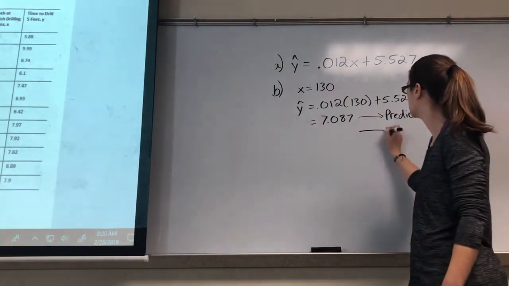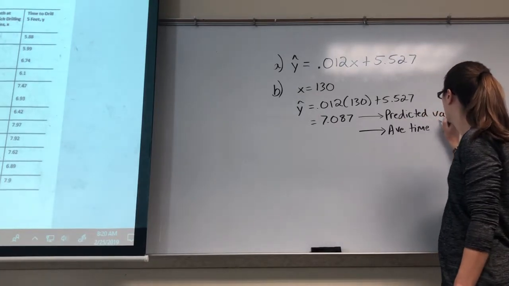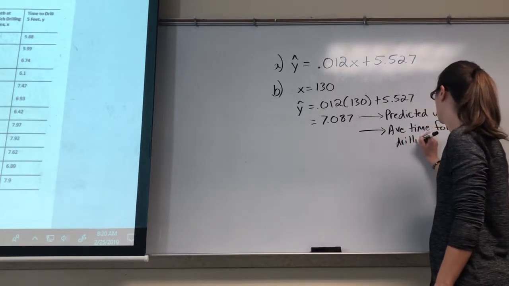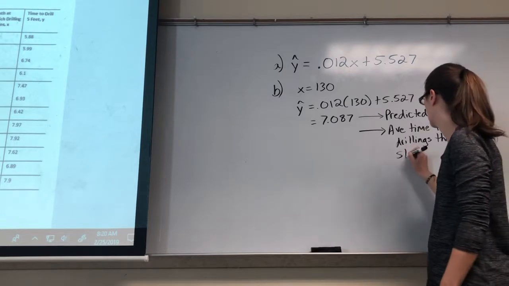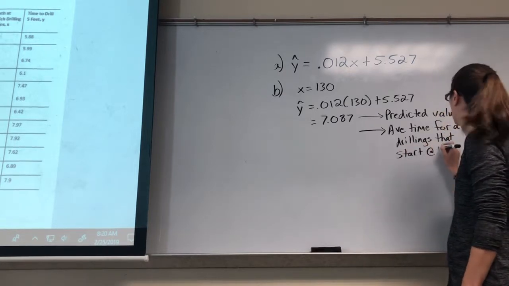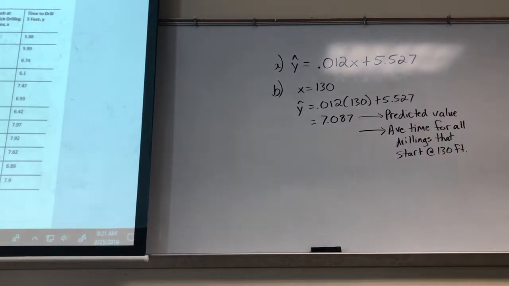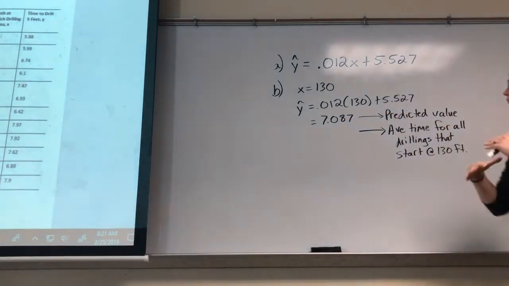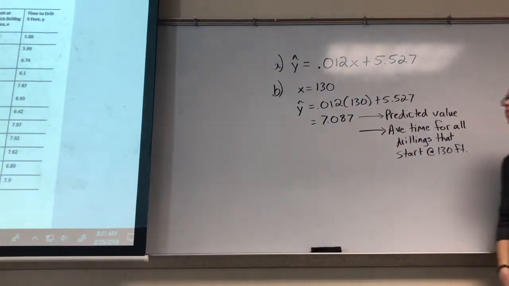It's also going to be the average time for all drillings that start at 130. Okay, so if you have 130 feet, some of them are going to be above this value, some are going to be below, but when you take an average of it, it should come out to be about 7.087 if you do it often enough.